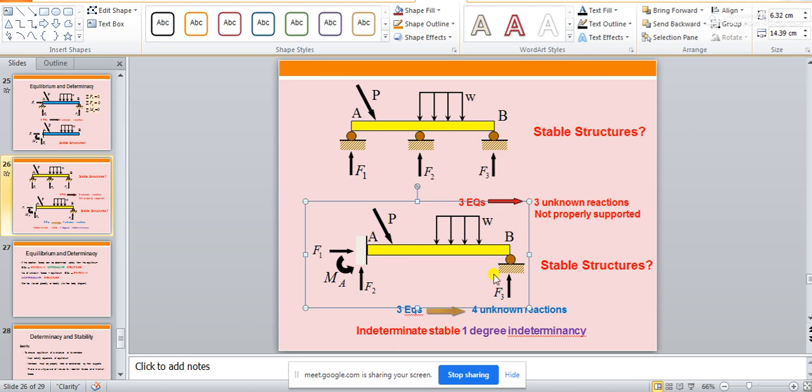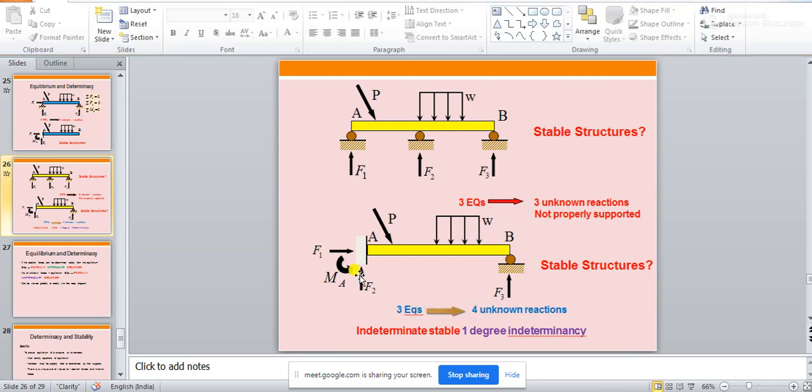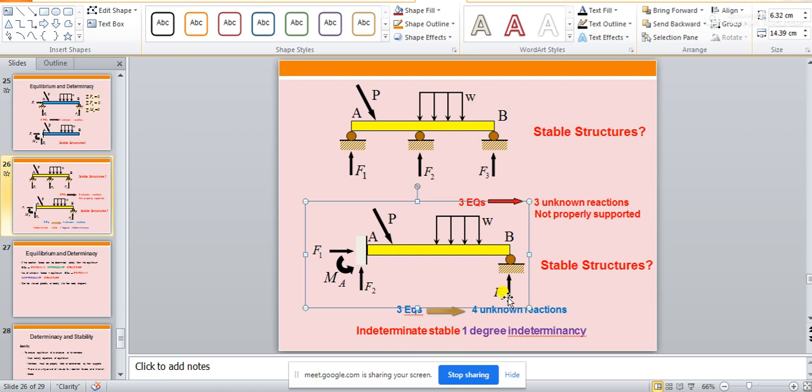In a propped cantilever structure, when a point load is acting inclined to the structure, and there is a UDL, what will happen? There will again be 4 unknown reaction components coming. There are 3 unknown reactions at this fixed support, because, as I have already explained multiple times, a fixed support gives 3 reactions, and there will be another 1 reaction component coming here.